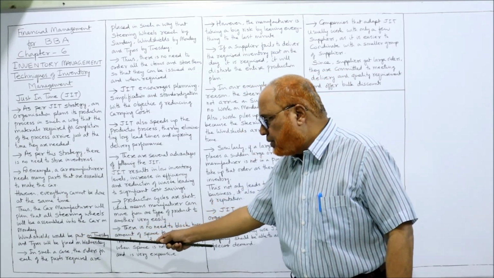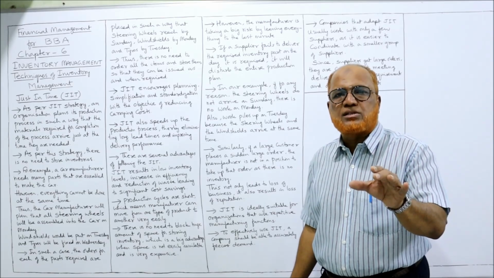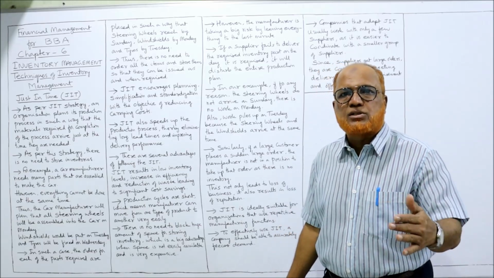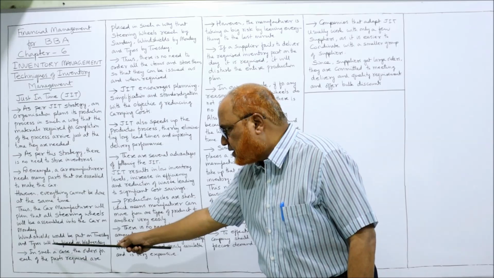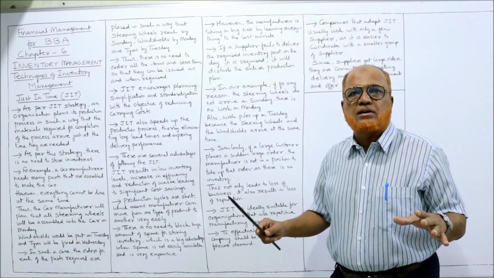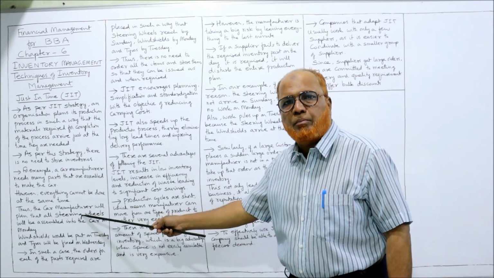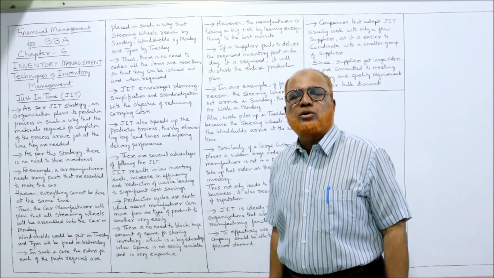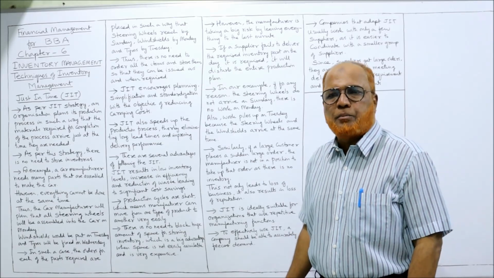Then windshields would be put on Tuesday, and tires will be fixed on Wednesday. So they have planned that they want the steering wheels on Monday, windshield on Tuesday, and tires to be fixed on Wednesday. This is the schedule they have prepared for production.